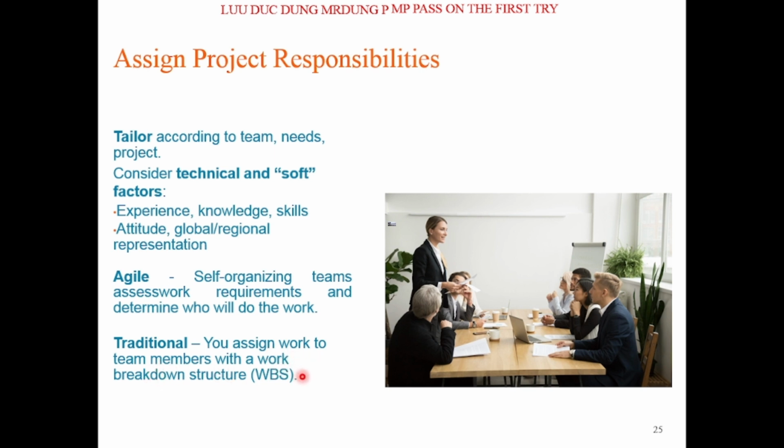In traditional, you assign work to team members with a work breakdown structure, WBS, very important for control. Traditional method, agile method, and later on we also manage by the hybrid method, the combination of agile and traditional.